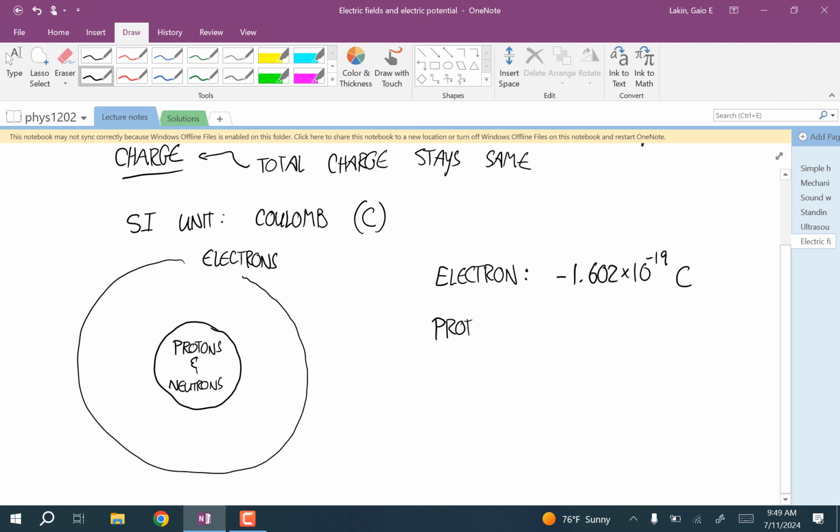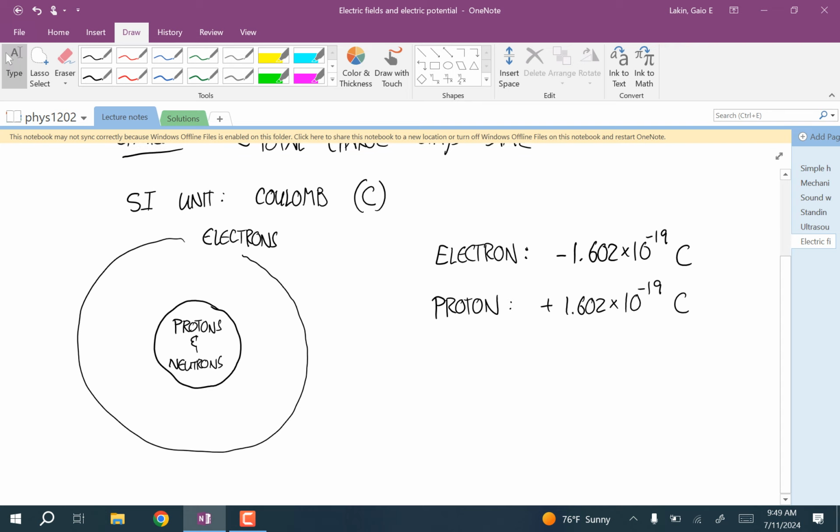A proton has a charge equal and opposite to that, so 1.602 times 10 to the negative 19 coulombs. That's just such a tiny fraction of a coulomb.